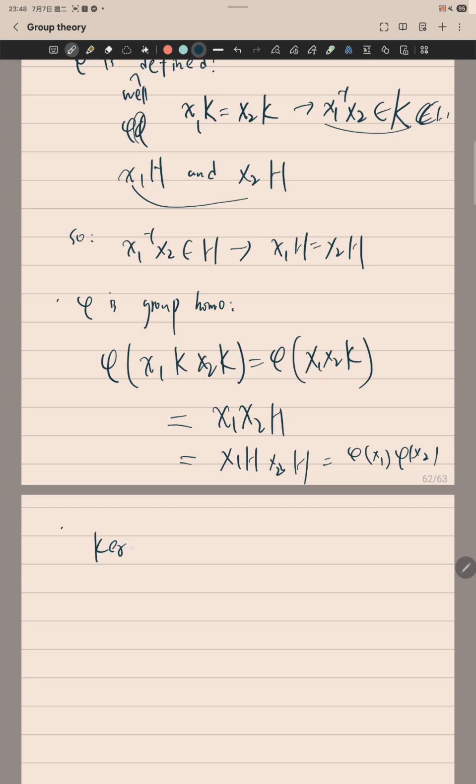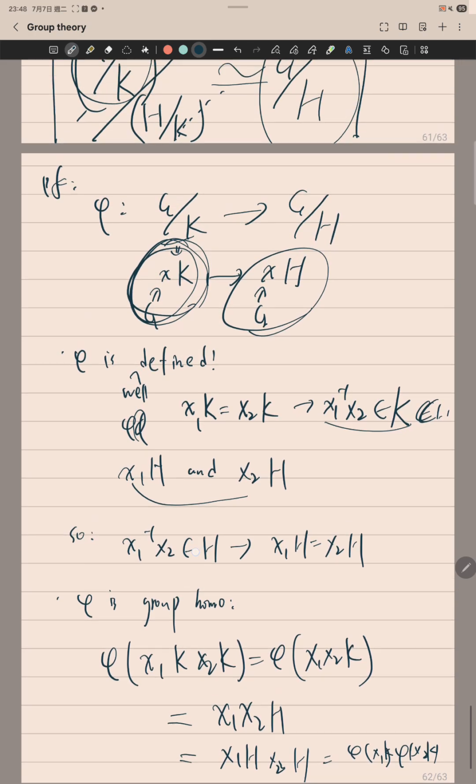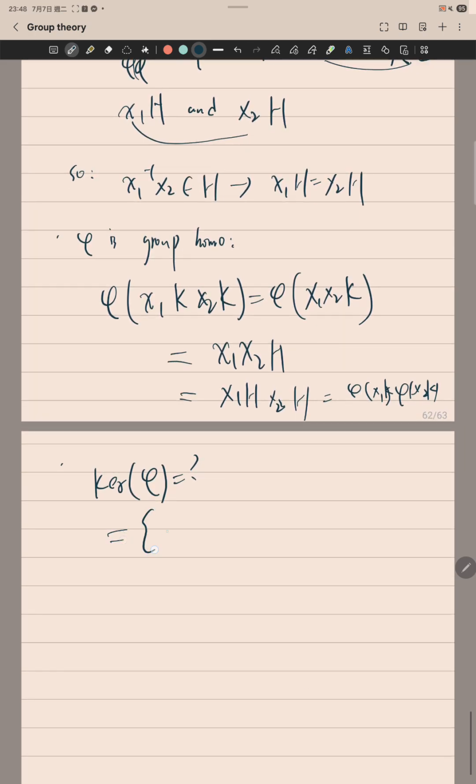Now let's consider the kernel. What is the kernel?